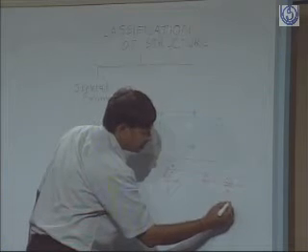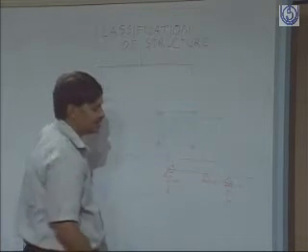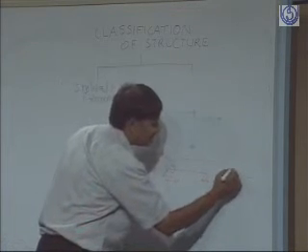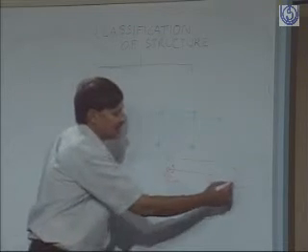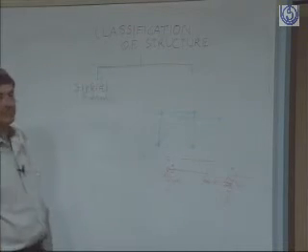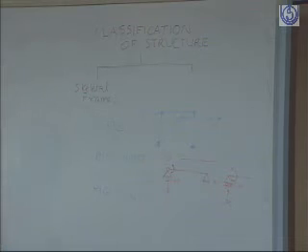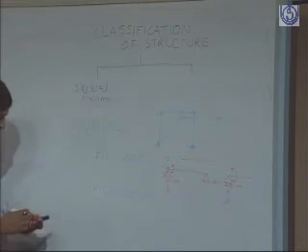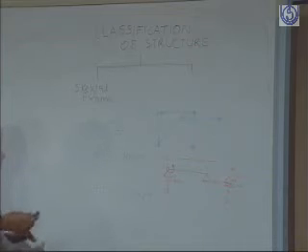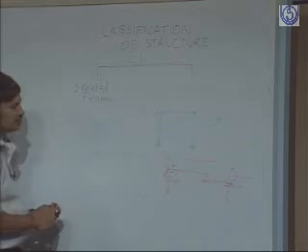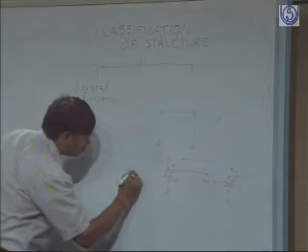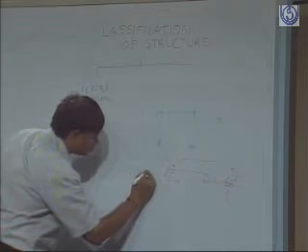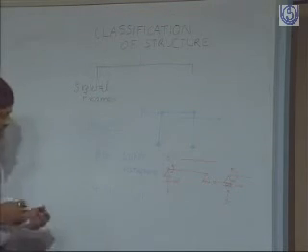In this direction the movement has been restrained, and again it can rotate in this plane. So in a pin joint, rotation is allowed. Rotation is there.